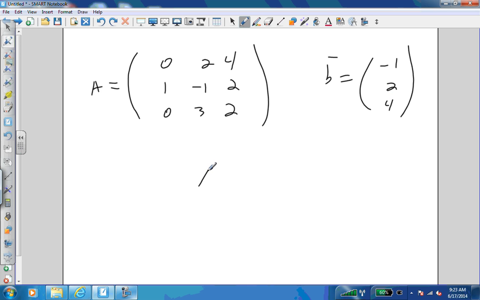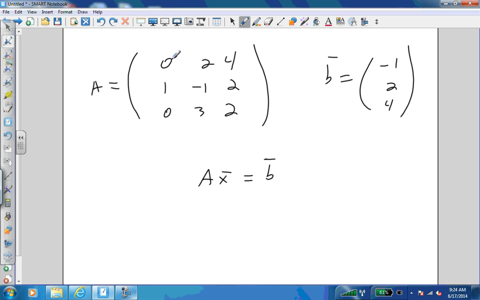So this is a system AX equal B. We're looking for what values of X will make this true. What does X1, X2, X3 need to be so that when we substitute those in for our X's, in this equation we get minus 1, for this one we get 2, for this one we get 4.